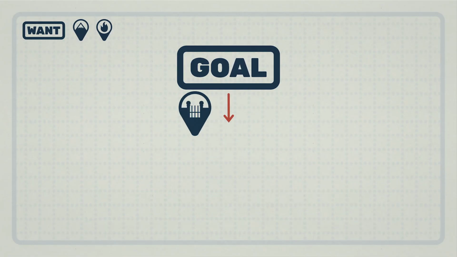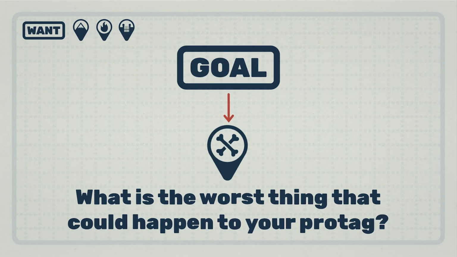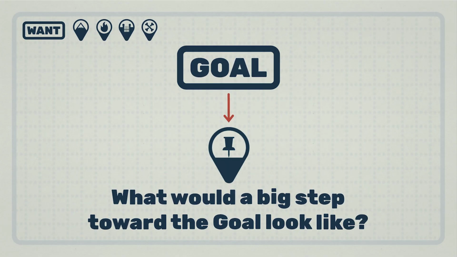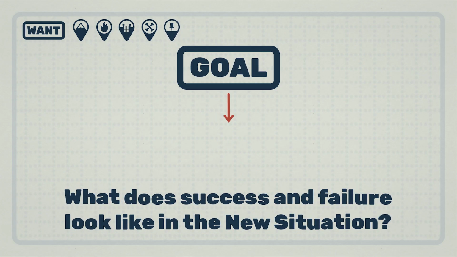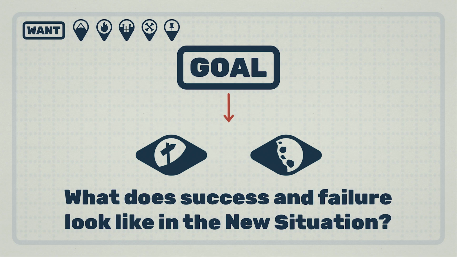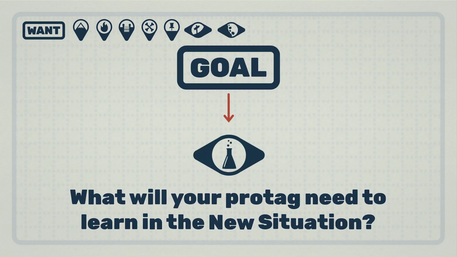Next, imagine the worst thing that could happen, and that is your moment of peril. After that, ask what a big step towards the goal would look like, and that will be your midpoint. From there, think about what success and failure look like in the new situation, and you'll have your uphill climb and downhill fall. Think about what your protag will need to learn in this new situation, and you have your testing phase.